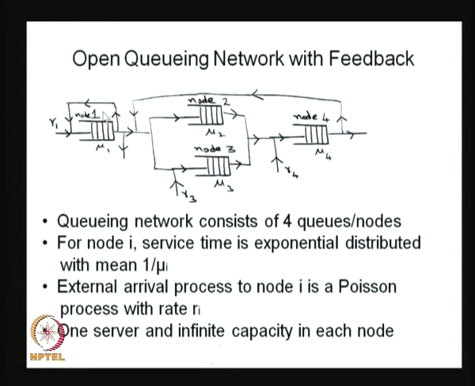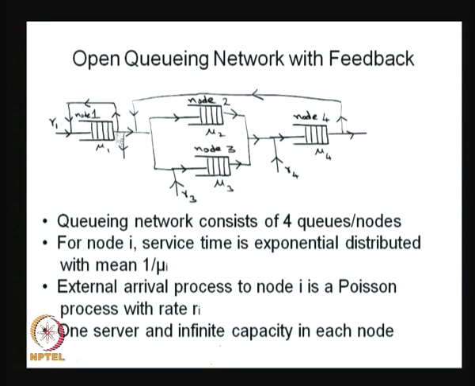That means for node 1 there is an external arrival with rate R_1, there is no external arrival to node 2, whereas there is an external arrival for node 3 with rate R_3, which is a Poisson process, and the arrival to node 4 is also a Poisson process with parameter R_4. And I have not supplied the routing probabilities.